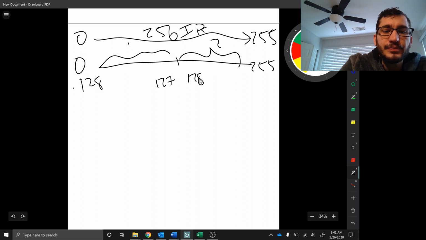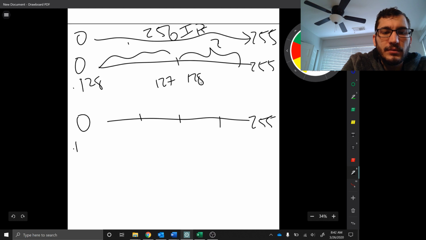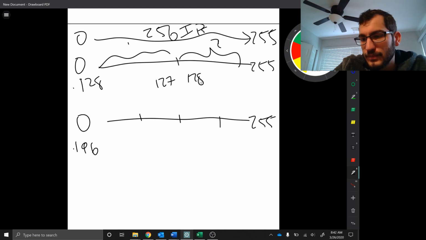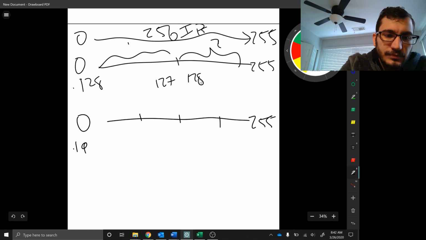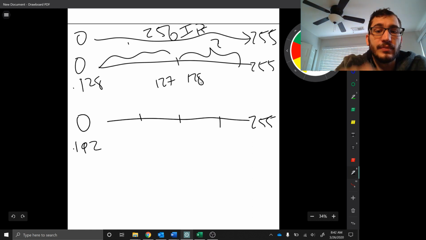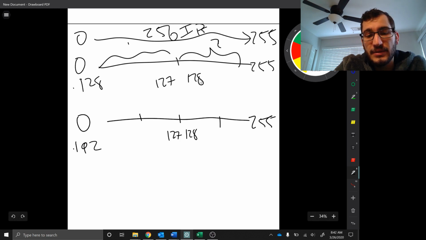Then if we go from 0 to 255 and we cut it into four subnets, which would be a .192 network, I'm going to cut this in half again. So this goes to 127 and 128, and then I have to cut that in half.